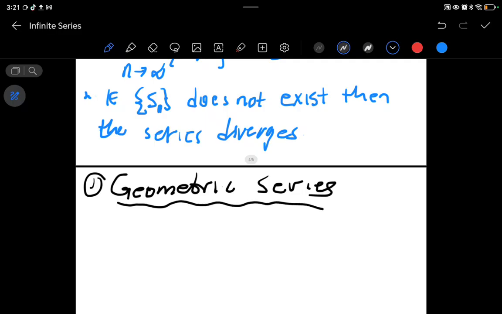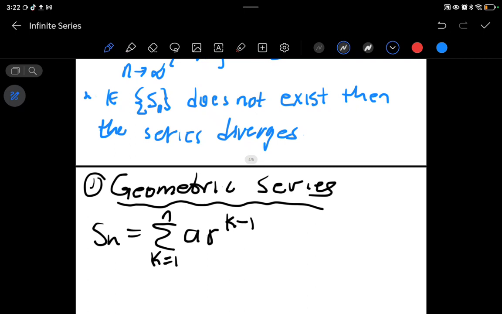So when we come to geometric series, we're going to be talking about Sn. So we have a formula. We're always going to try to make sure that we compute our sums using this formula, right? Then we have r to the k minus 1.